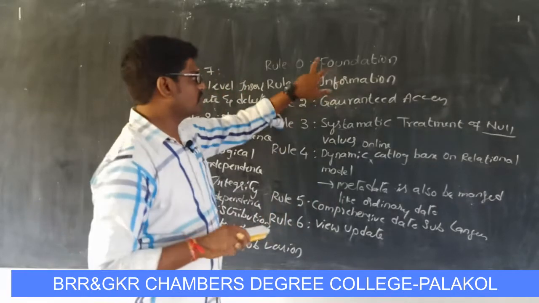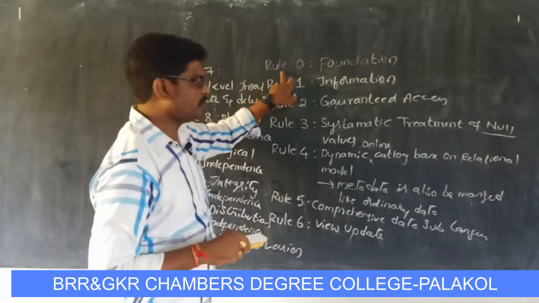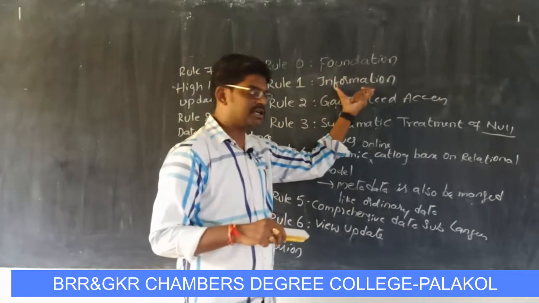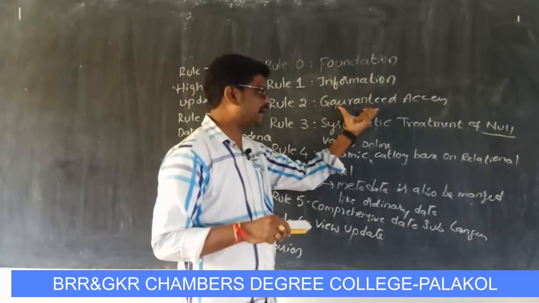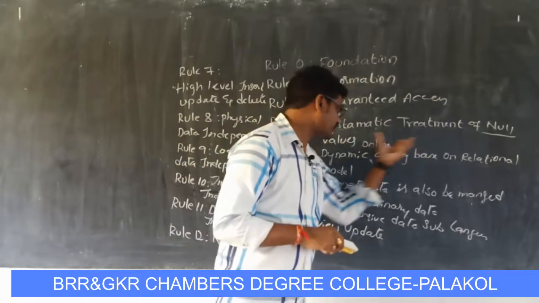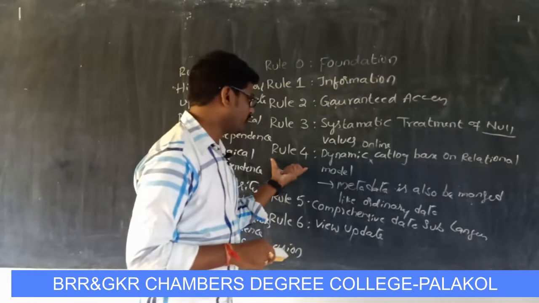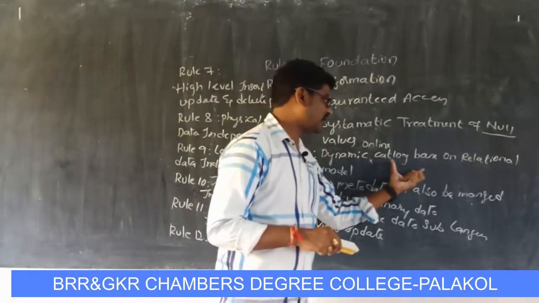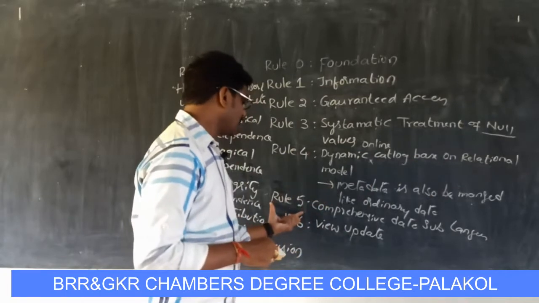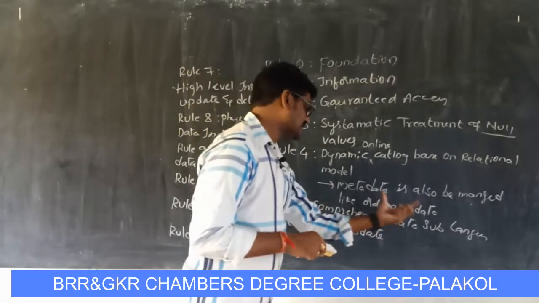So what is rule 0? That is the foundation rule. Rule 1, information rule. Rule 2, guaranteed access rule. Rule 3, systematic treatment of null values. Rule 4, dynamic online catalog based on relational model. Rule 5, comprehensive data sublanguage.